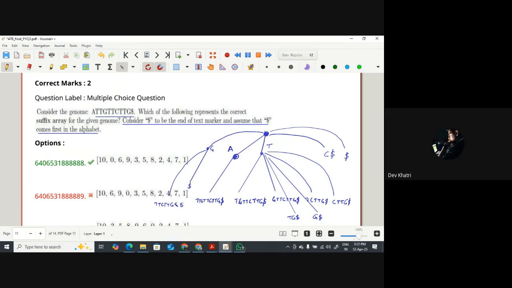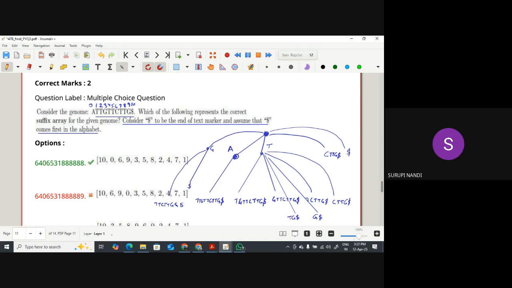Now you write all the positions: 0, 1, 2, 3, 4, 5, 6. Wouldn't it be TTG dollar instead of dollar? Yes, yes, TTG dollar. So you can write down CTTG dollar. Is that okay?